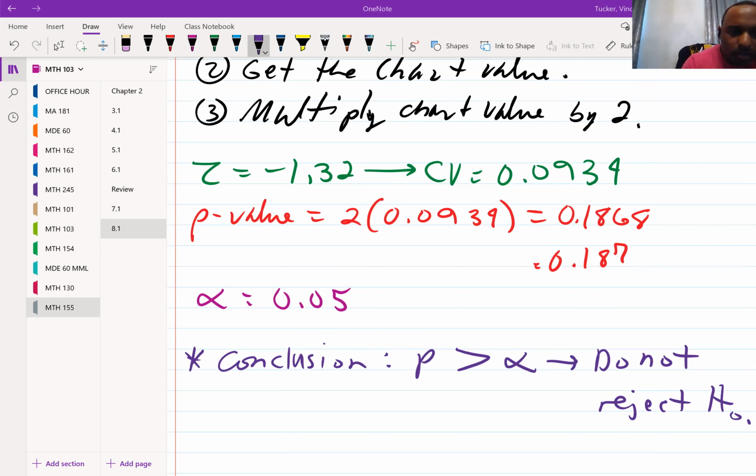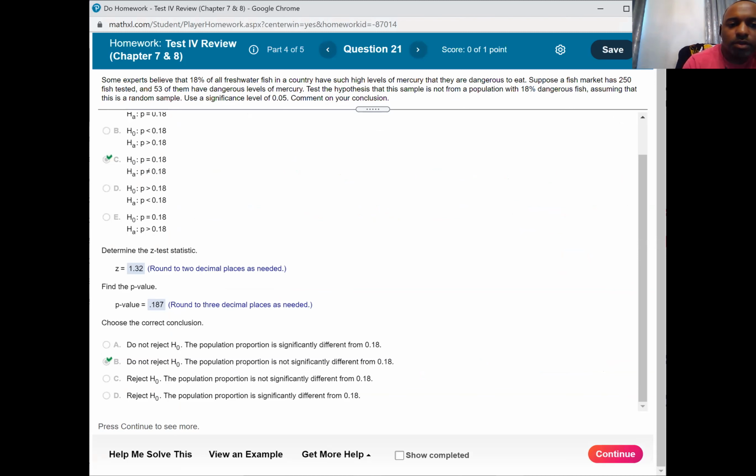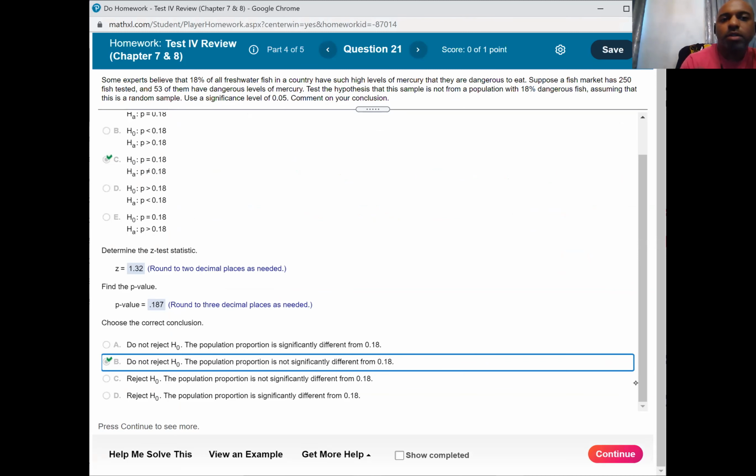All right. So we do not reject null. All right. So this one, that's all they ask of us. So there you go. Do not reject the null hypothesis. The population proportion is not significantly different than 0.18.